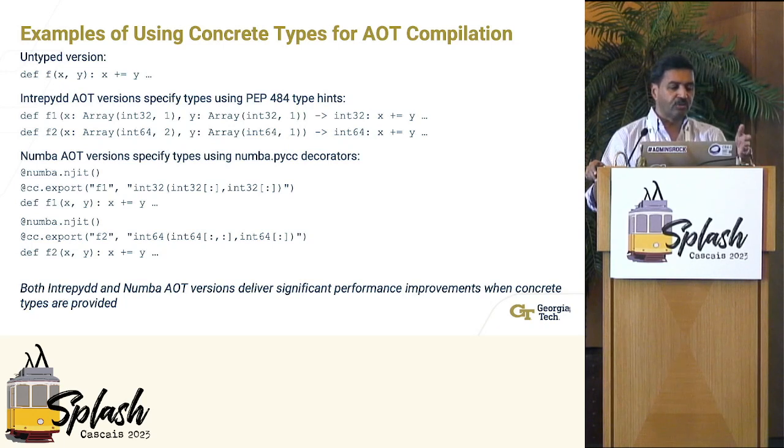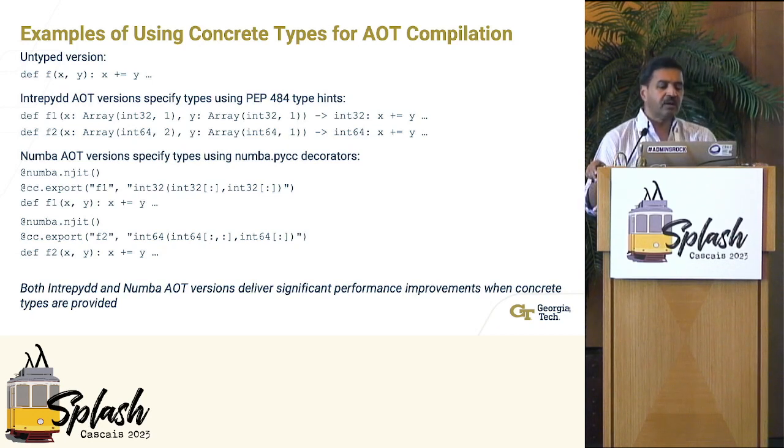As shown here, f1 is a variant of the function where x is a one-dimensional array of int32 and y is a one-dimensional array of int32. f2 is another variant where x is a two-dimensional array of int64 and y is a 1D array of int64. That's also conformable with x plus equals y.